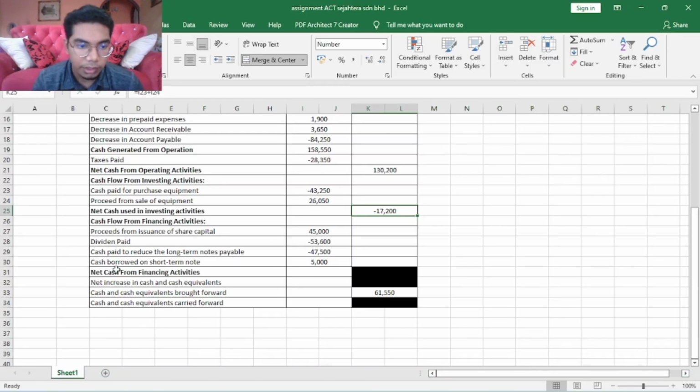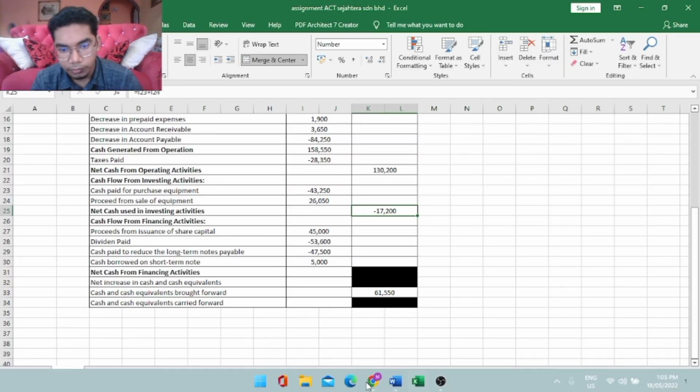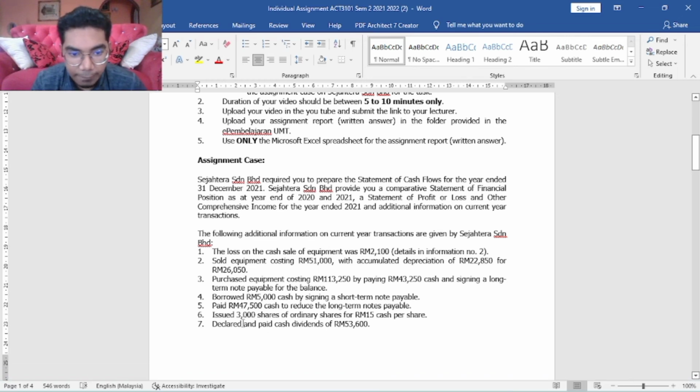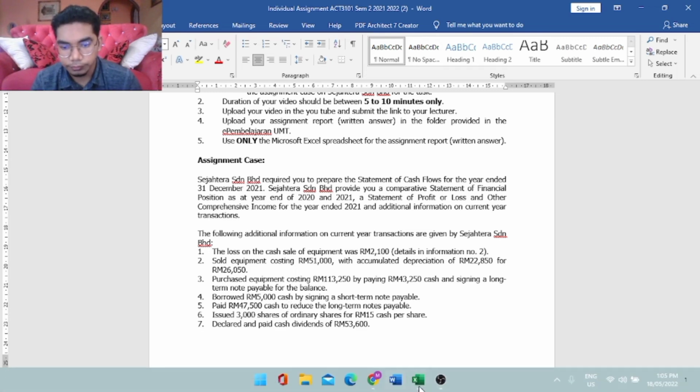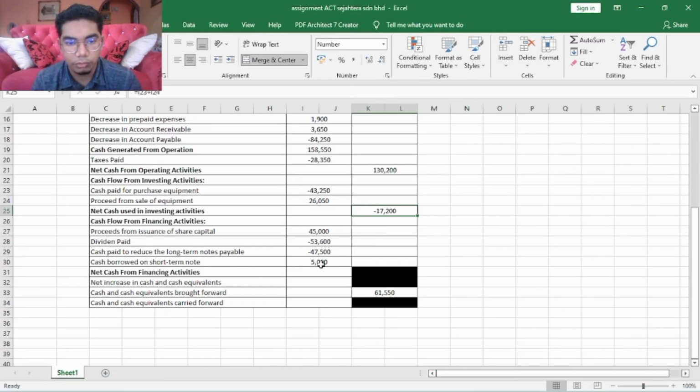And the last one, cash borrowed on short-term note, number 4, borrow 5,000 cash by signing a short-term note payable. Because we borrowed, the amount is positive. So when we total up the amounts, we get net cash from financing activities, 51,100.